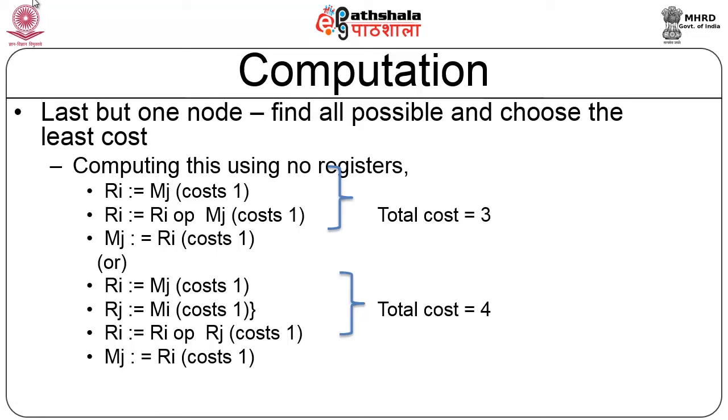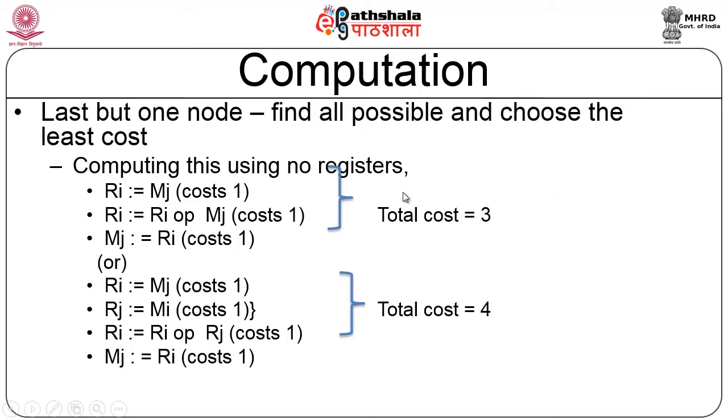So, what I will do is, I will move to a register, compute it, okay, and then transfer the information back to my memory. So, the instruction would be, I can move Mj to Ri, I can do a Ri operator Mj, result is in Ri, move Ri back to Mj. So, this is the next option.